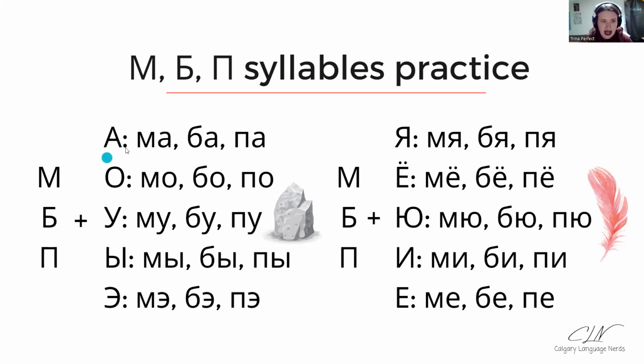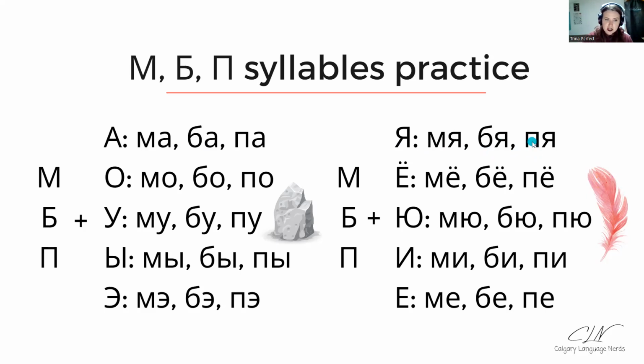It goes as follows. With a, they make ma, ba, pa, three of them hard. And with ya, they make mya, bya, pya. So it is ma, ba, pa, and then mya, bya, pya.